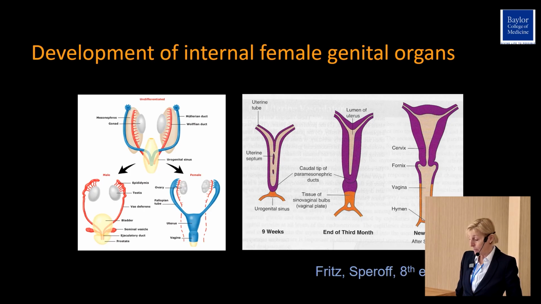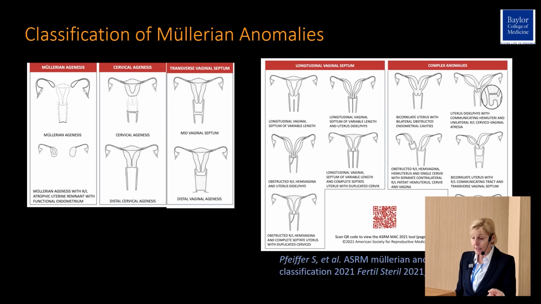Keep that in mind, because there are different defects, and this is the classification from the MAC 2021. In this case, you can see how these defects of fusion and the reabsorption of the inner septum can explain all these Müllerian anomalies. We will go into more details later, so you don't have to memorize anything here.